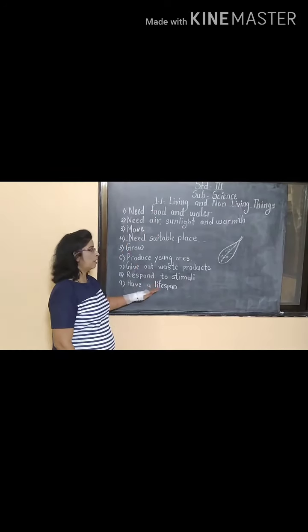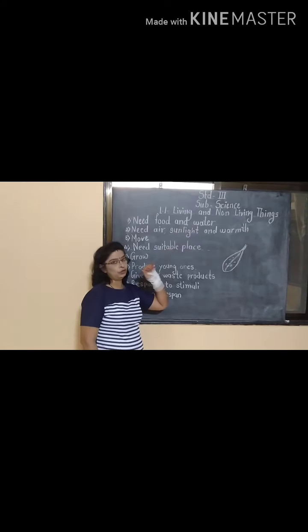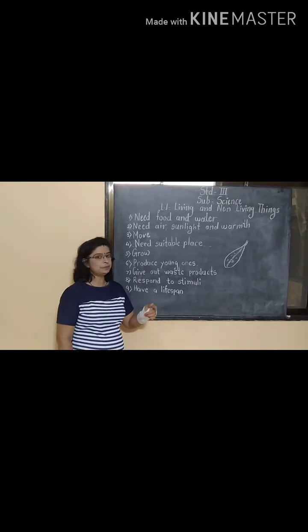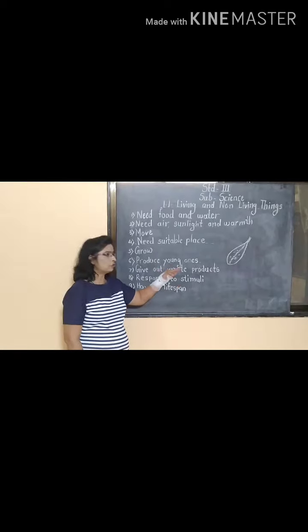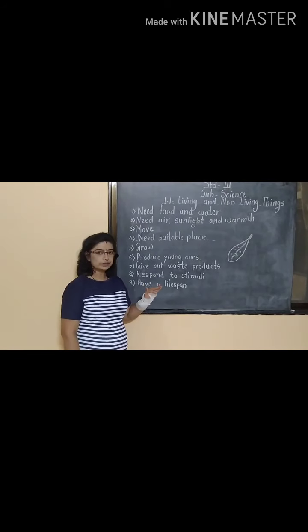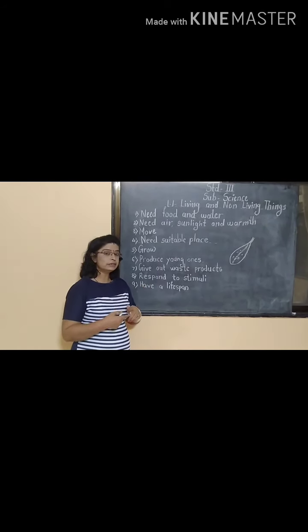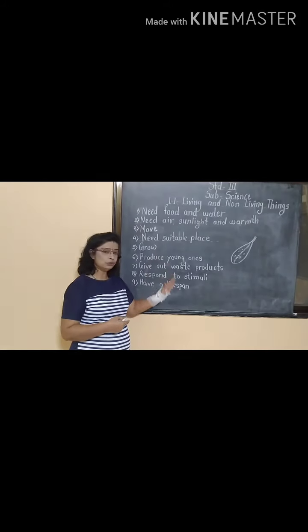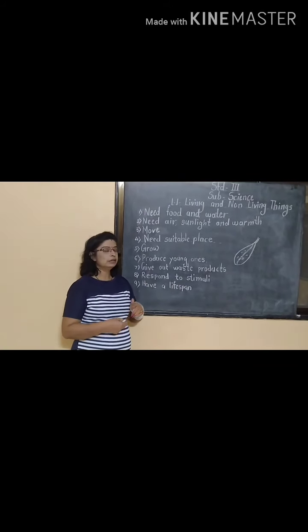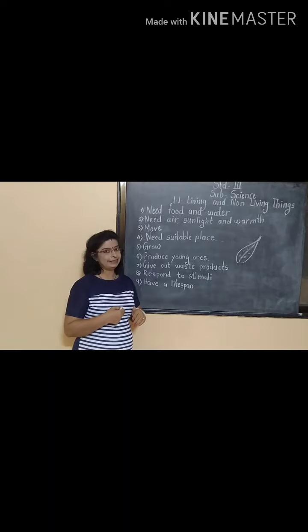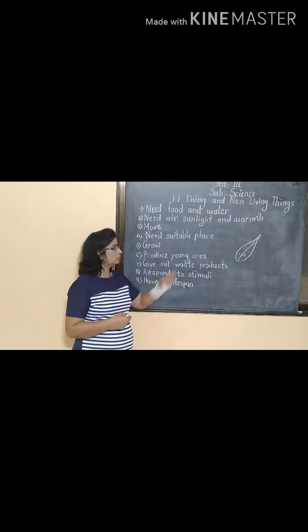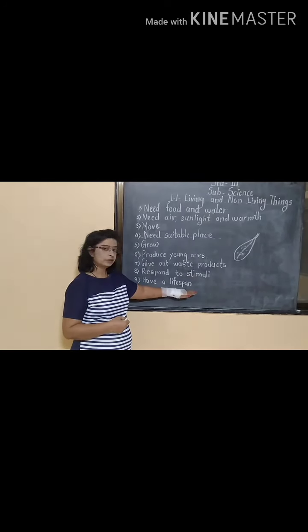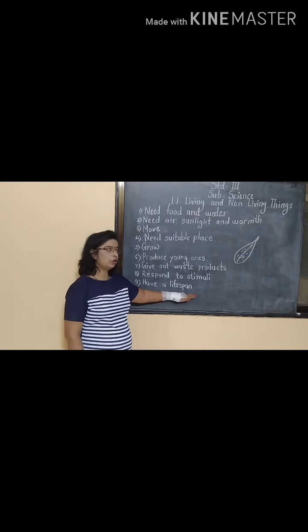This is all about living and non-living things. In next period, students, we will solve the exercise of the lesson. And also the did you know section, and about the scientist also. So this is all about living and non-living things.